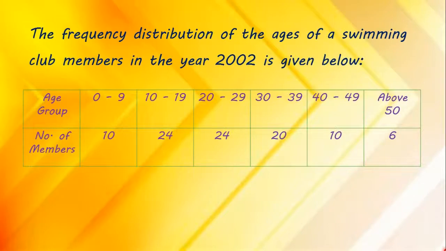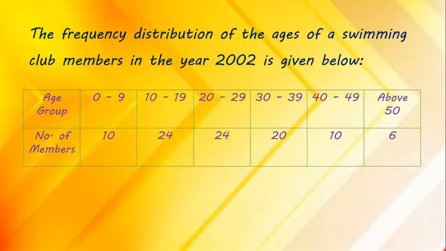So, 10 members are in the age group of 0 to 9, 24 members in the age group of 10 to 19, 24 again in the age group of 20 to 29, 20 in the age group of 30 to 39 and 10 from the age group of 40 to 49, and above 50 it is only 6 members.